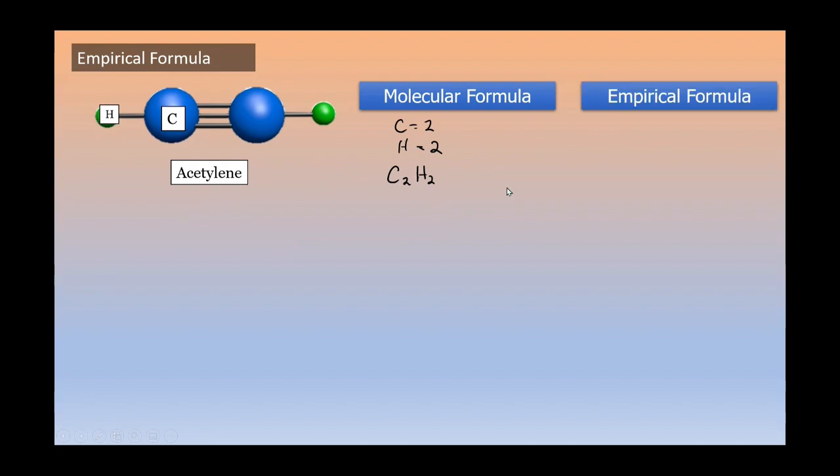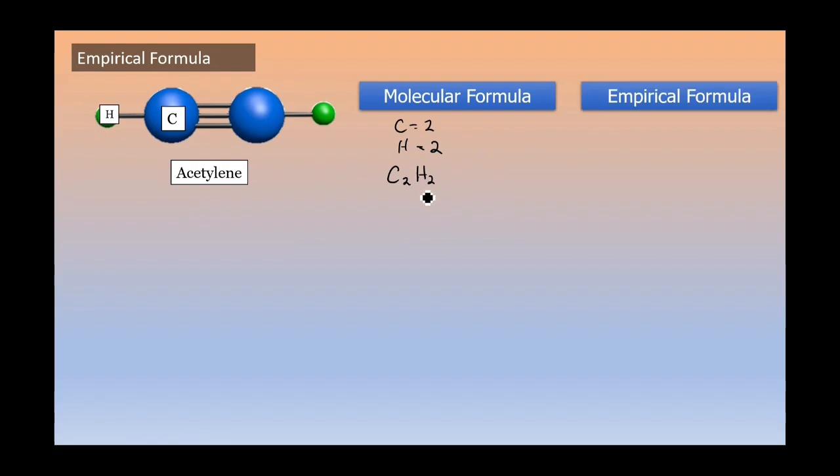In our molecular formula, if you remember the rules, remember the number of atoms. So we have 2 atoms of carbon, and also 2 atoms of hydrogen. And with this, we will have a molecular formula of C2H2.